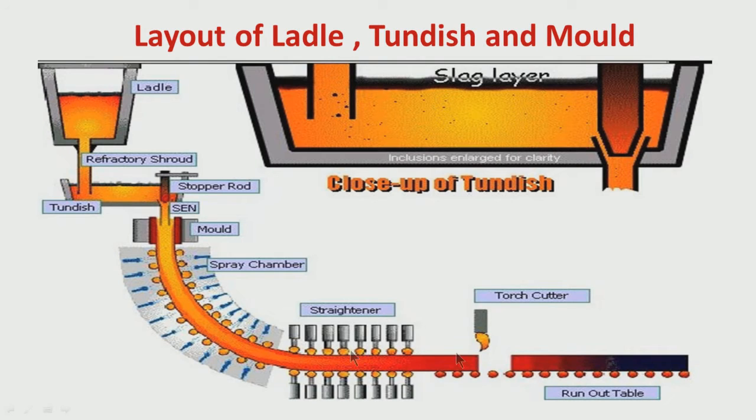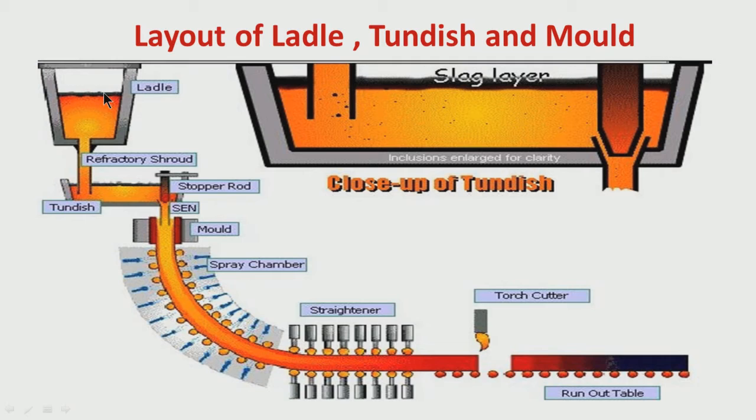I have told you that this is the layout. So, this is the ladle, then there is a tundish, and then there is a continuous casting mold. We have to take some care in the ladle itself, because when the liquid steel is coming from the ladle to the tundish, we have to be careful. Then we have to be careful in the tundish itself, because the liquid steel stays here for quite some time.